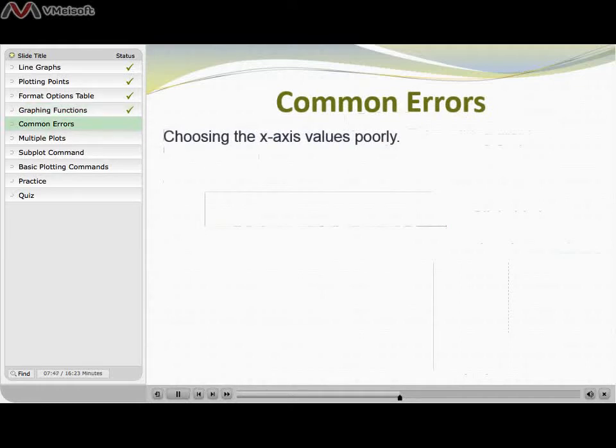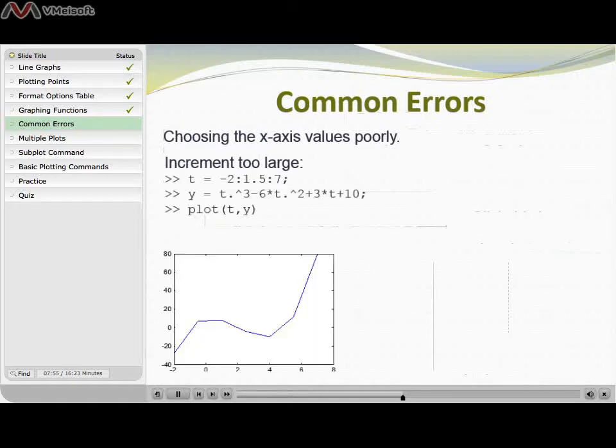There are a couple of common errors that people typically make when they're learning how to plot, and these revolve around choosing the x-axis values poorly. So we're going to plot the exact same polynomial that we just plotted before. However, I'm going to choose the x-axis values differently. My vector t of x coordinates is going to start at -2. It's not going to exceed 7, but my spacing is going to increase dramatically.